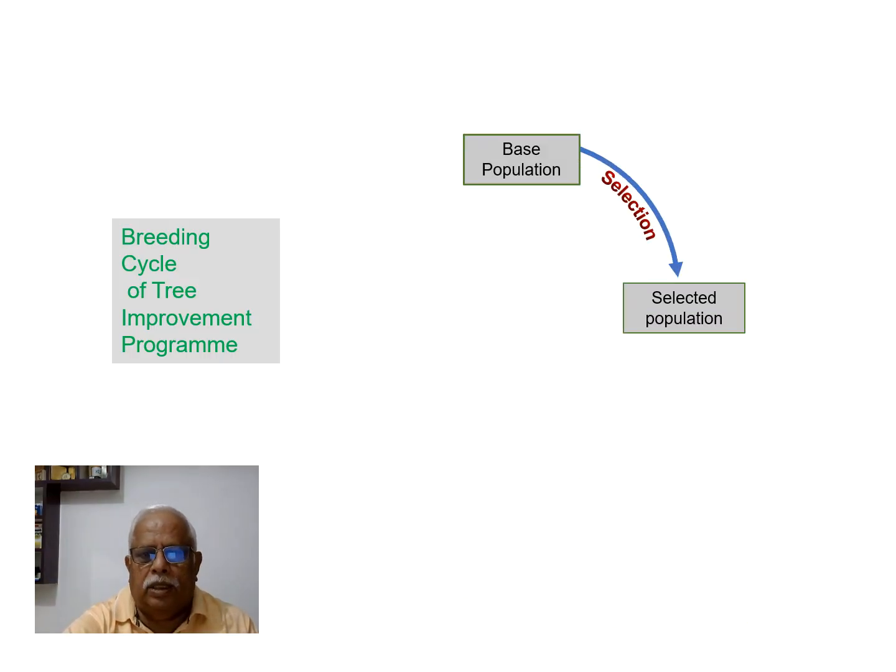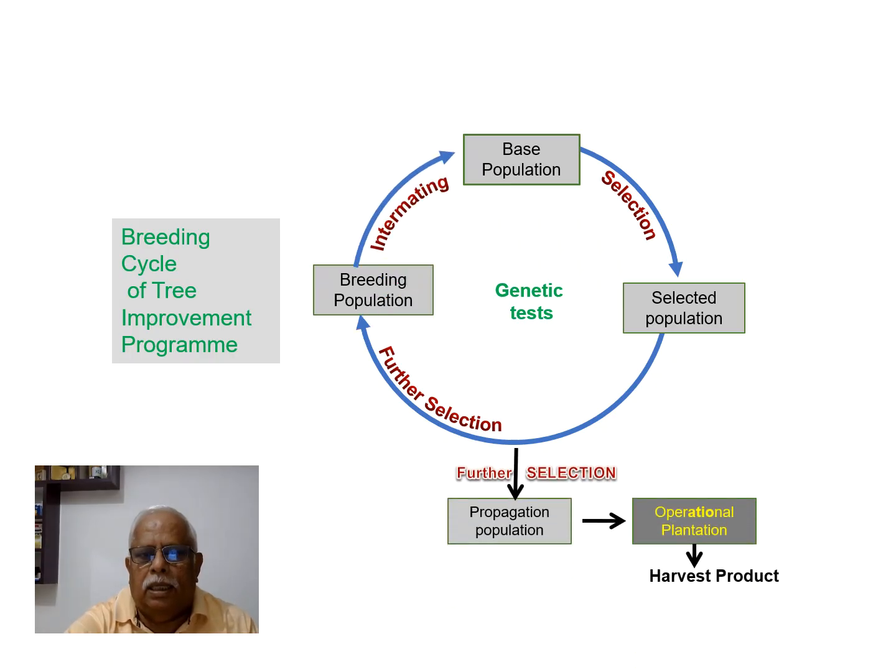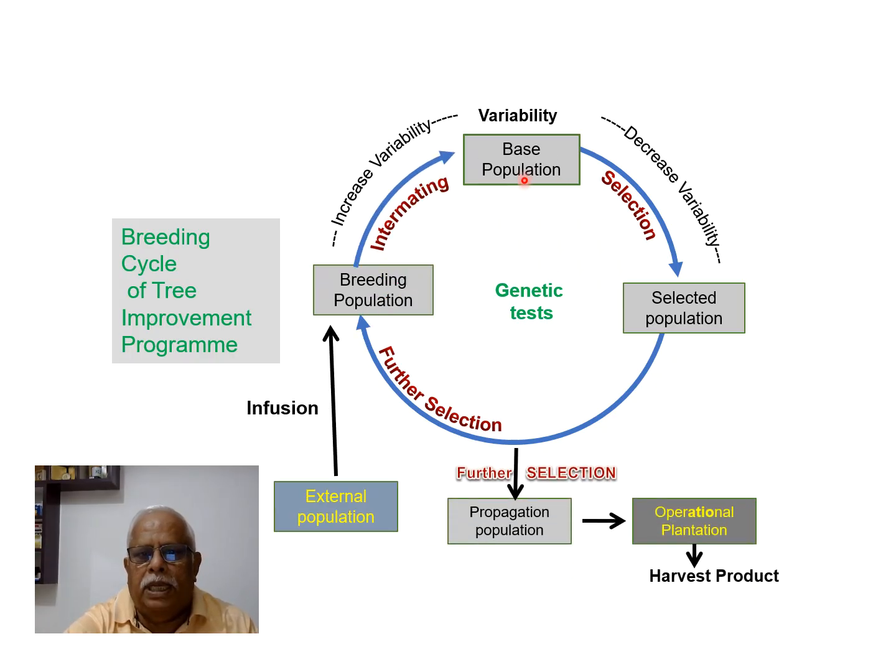So next we'll talk about the breeding cycle. The breeding cycle starts with what we call the base population. The base population means the selections from the natural forest areas or the plantations that you have selected. There is a large number of trees we will be using as the base population.